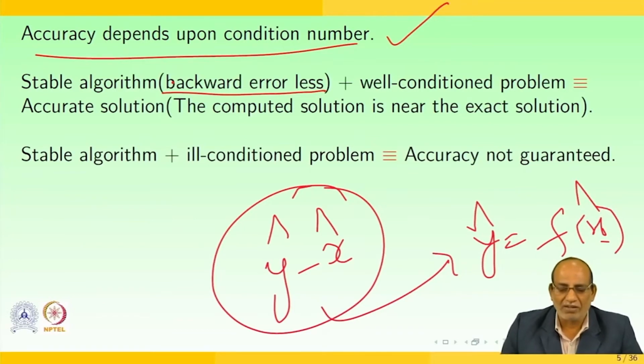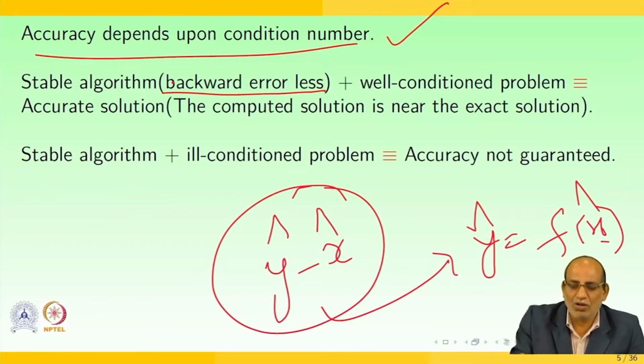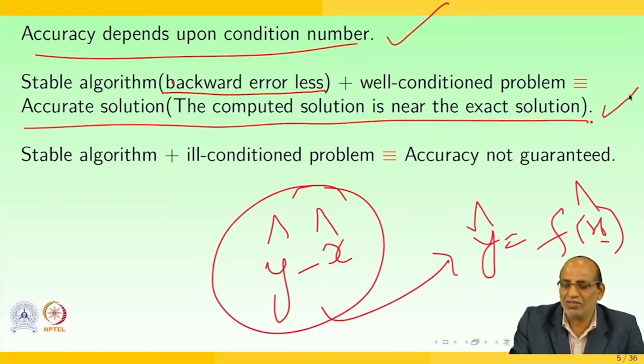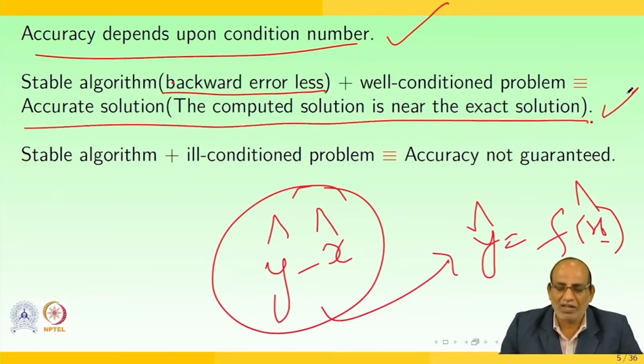That is the backward error. So a stable algorithm with small backward error plus a well-conditioned problem, if these two hold, gives an accurate solution: the computed solution is near the exact solution.